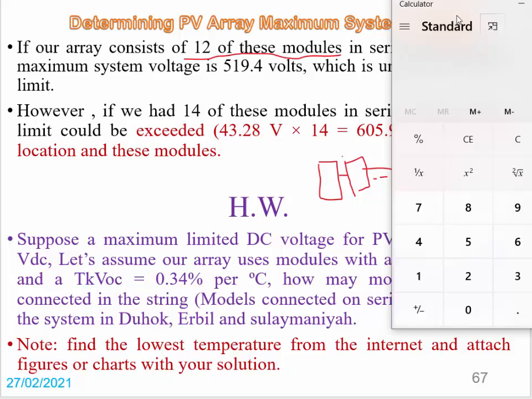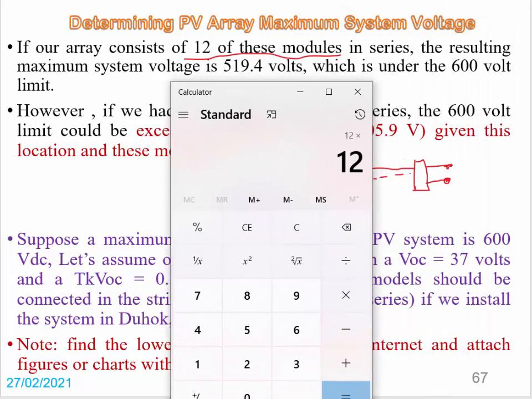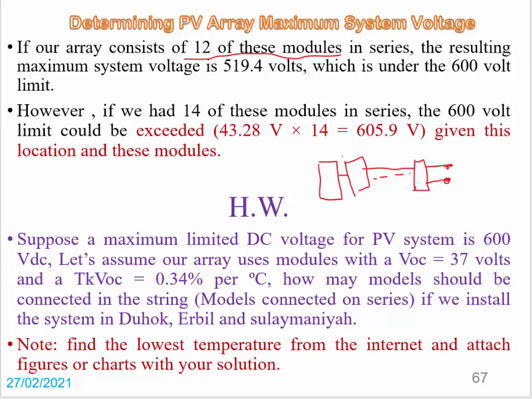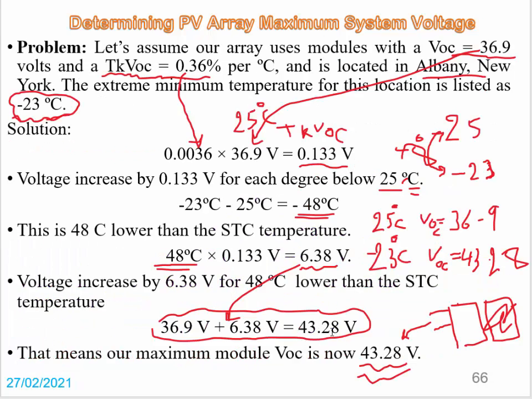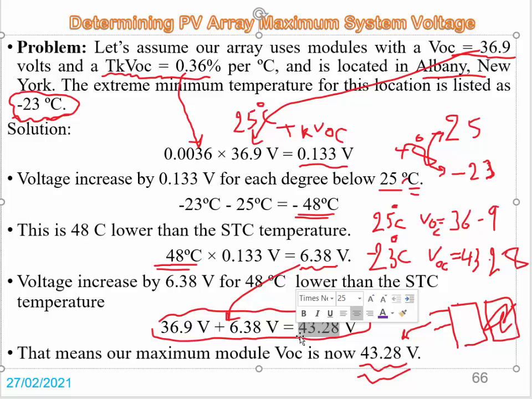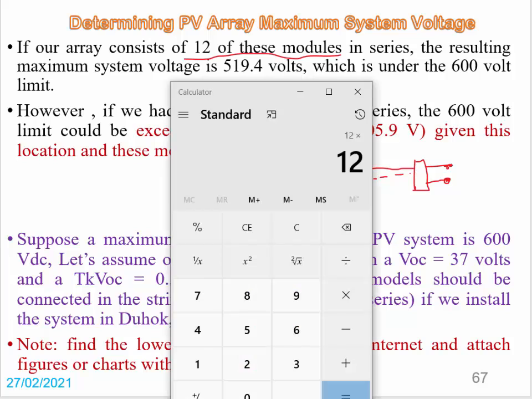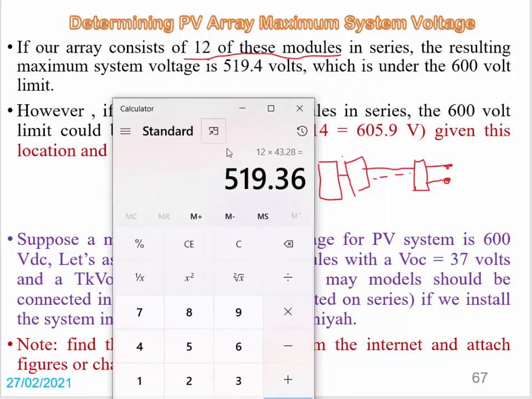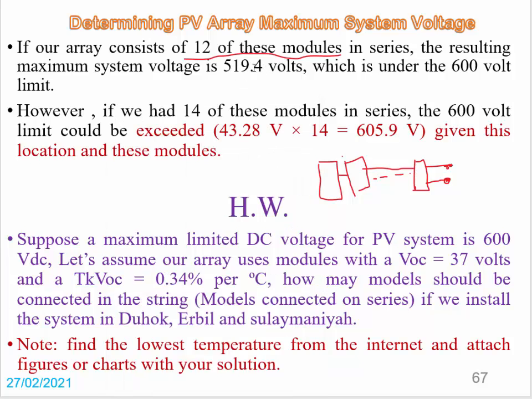We multiply 12 by the maximum voltage, 43.28, and it equals 519.36.